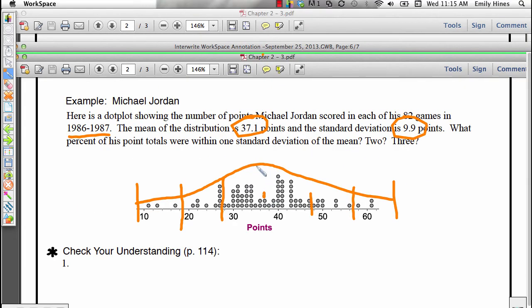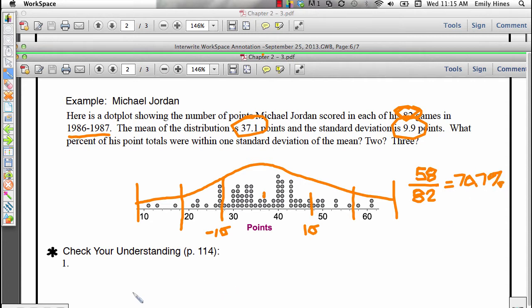So then if we calculate and count up the points, we know that there are 82 games, so that means there are 82 data points. So if I count up how many are from 1 standard deviation below to 1 standard deviation above, that's the points within 1 standard deviation, I find that I have 58 points out of 82, which is about 70.7%.